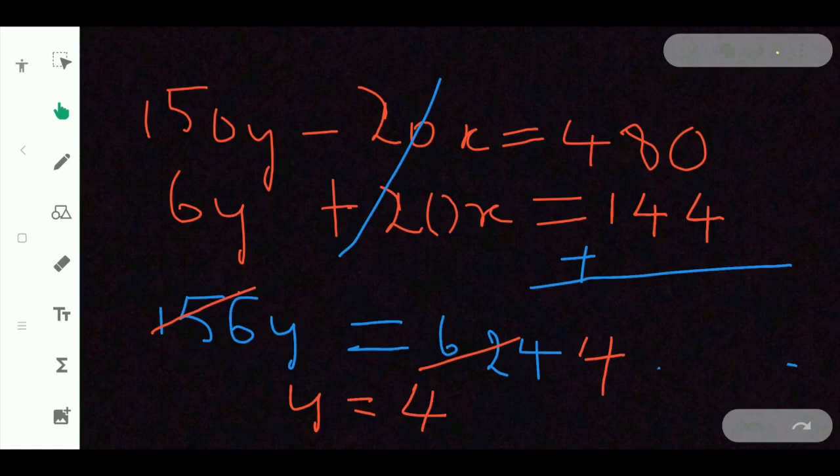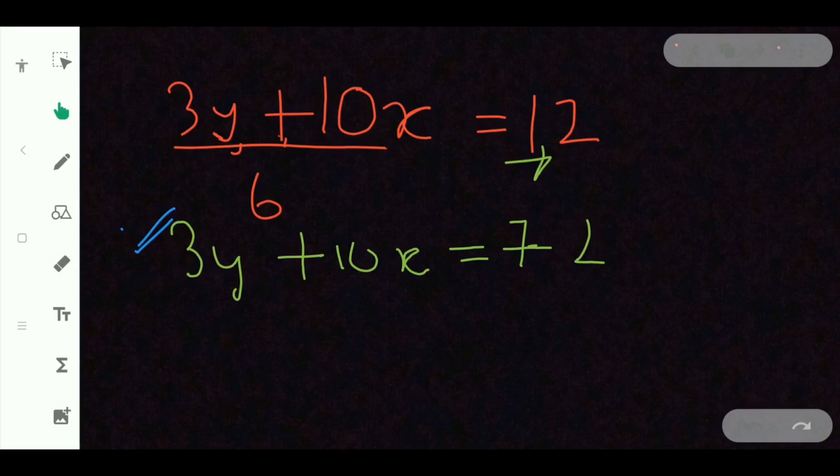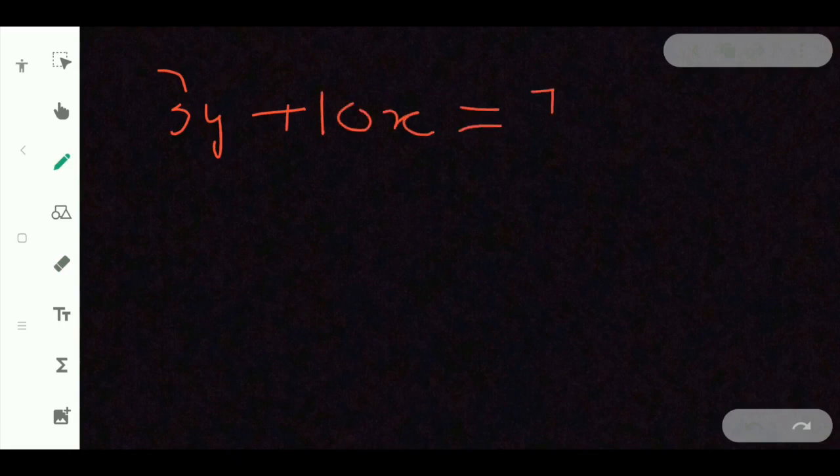So now let us take our one line equation, 3y plus 10x is equal to 72.